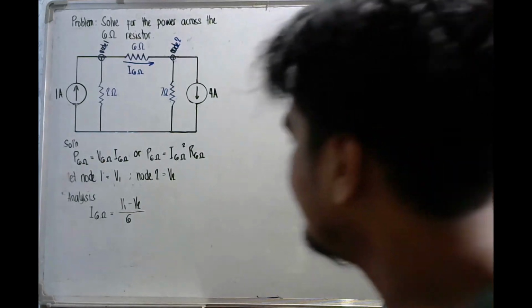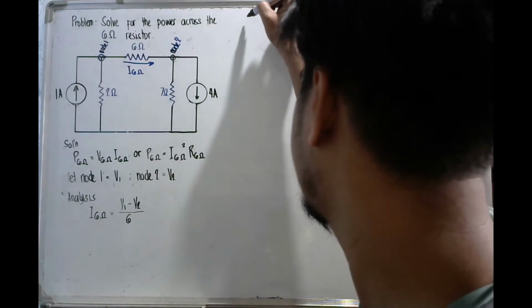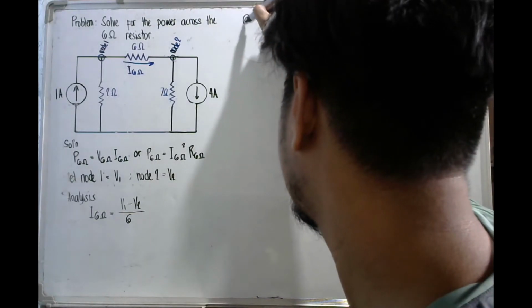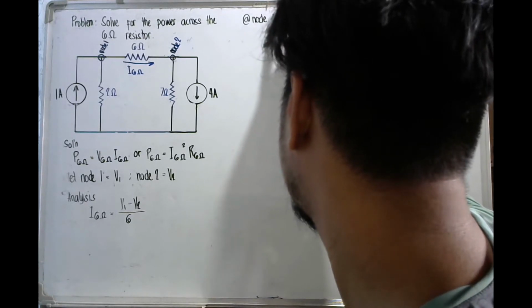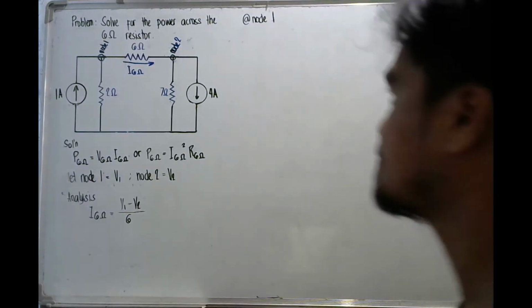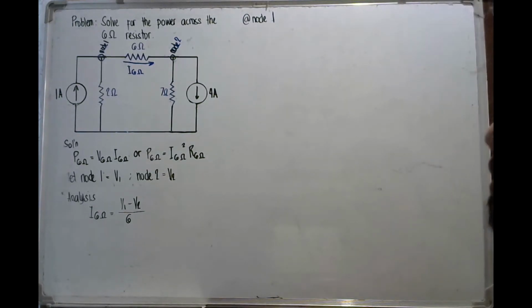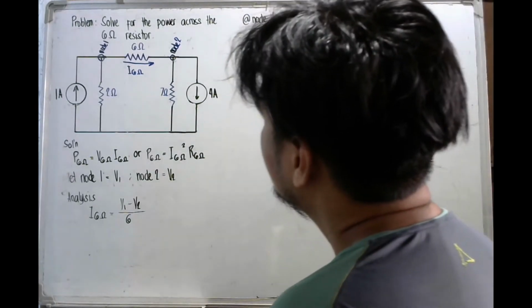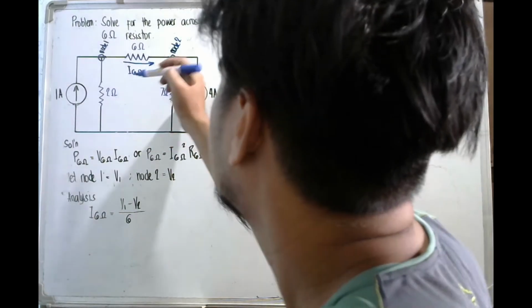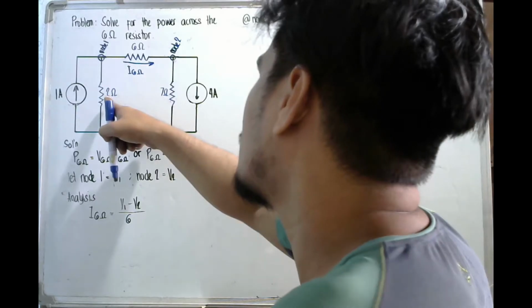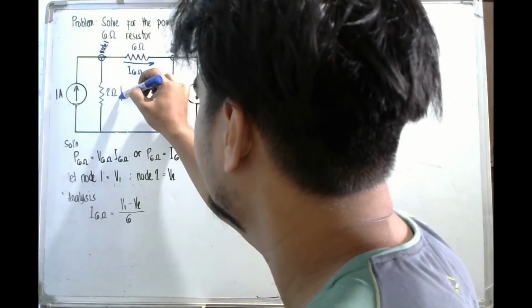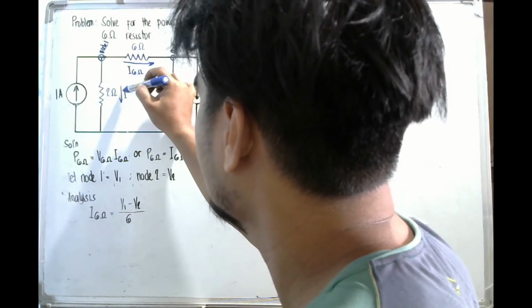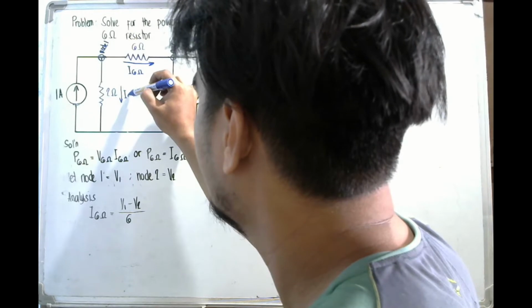At node 1, first let us assume that the current flowing through your 2 ohms resistor is going downward, and this will be your I2 ohms.